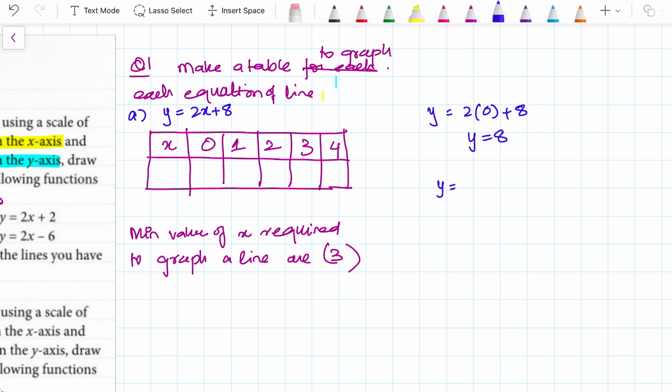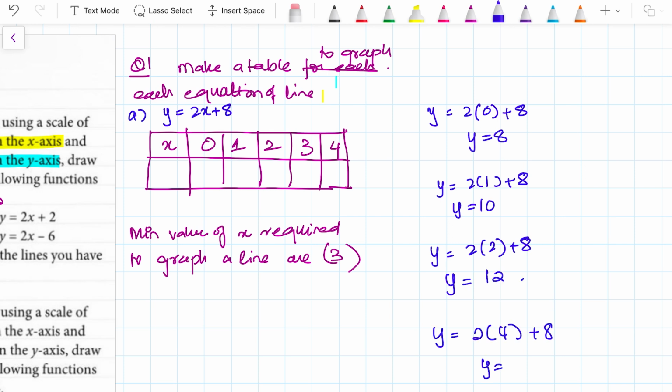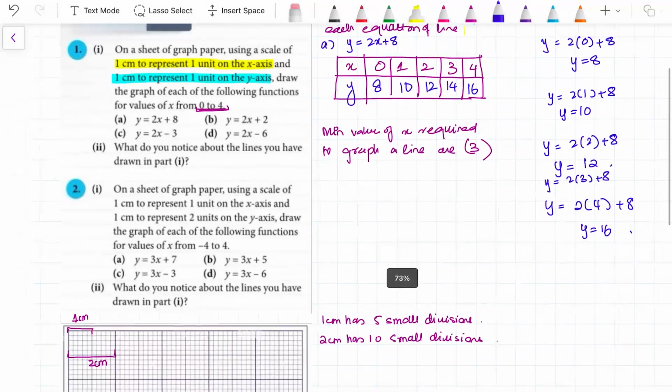Then when x is 1, 10. When it's 2, 12. And when it's 4, it's 16. So fill up the table: 8, 10, 12, 16. I didn't do it for 3, that's fine. You can also do it for 3, 14.